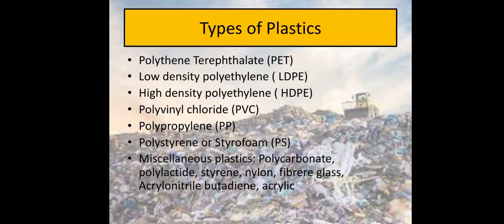Then the miscellaneous plastics include polycarbonates, polylactide, styrene, nylon, fiberglass, acrylonitrile butadiene, and acrylic. These are the various types of plastics that we utilize within our day to day life.